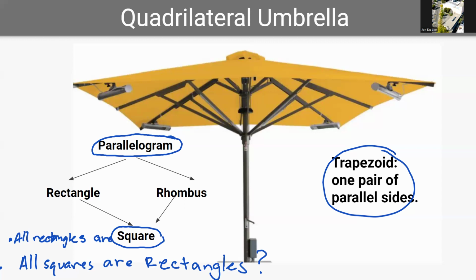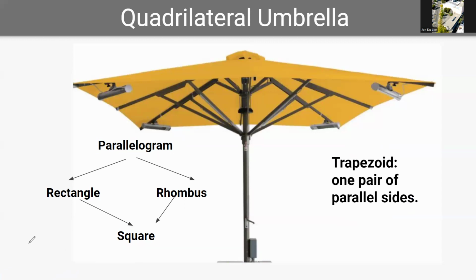But not all of them. So as you go up this ladder, I'm going to put all. All squares are rectangles. All squares are rhombuses. All squares are parallelograms. All rectangles are parallelograms. All rhombuses are parallelograms, right? Going up, I can say all.